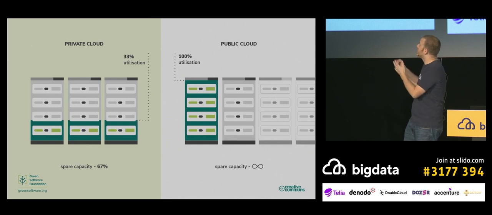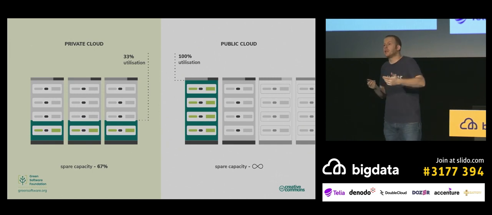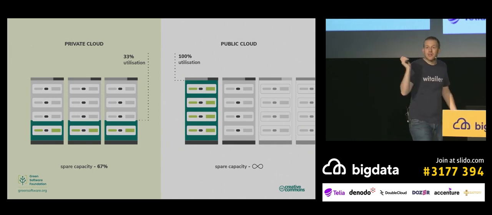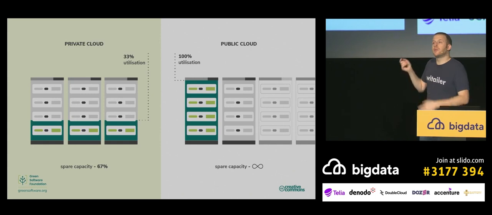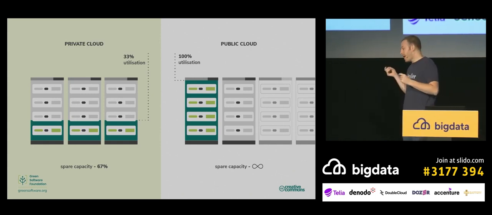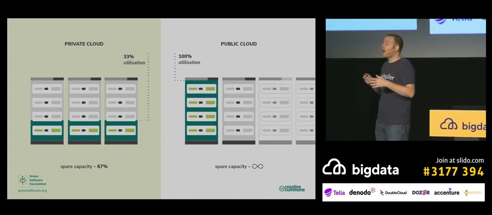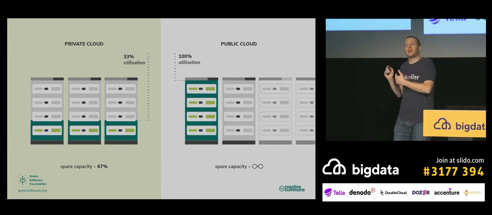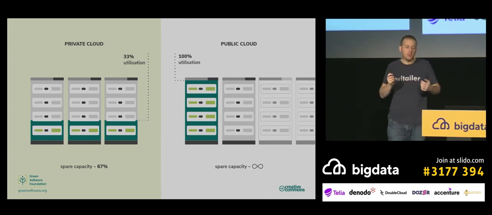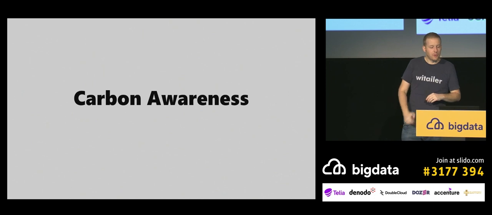But even in those conditions, even cloud providers have spare capacity to power up in case of peaks. So it's not easy. But what I want to say with this slide is that cloud providers are really encouraged to go in that direction more than us.